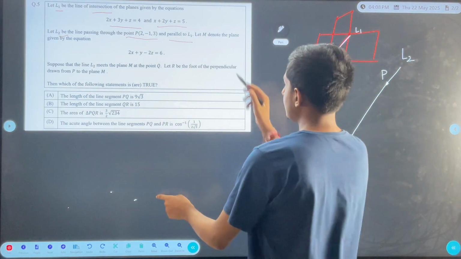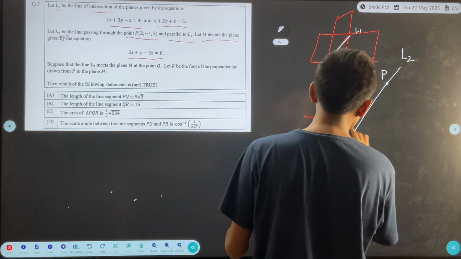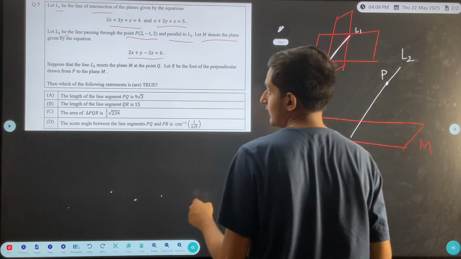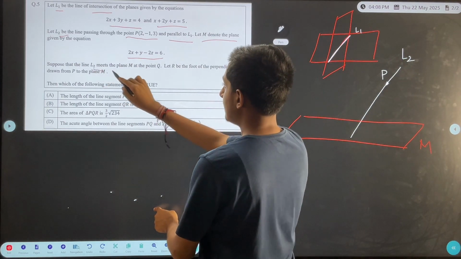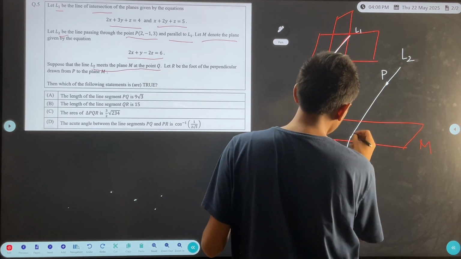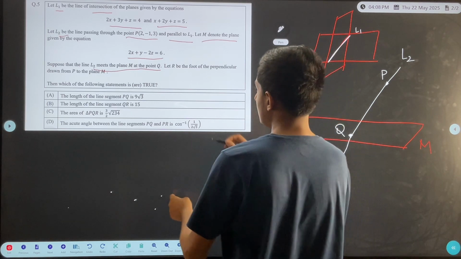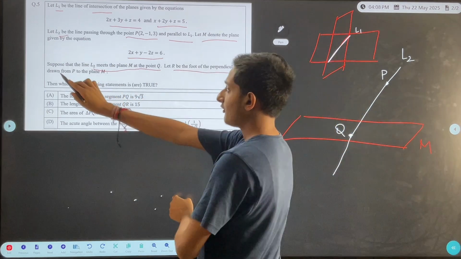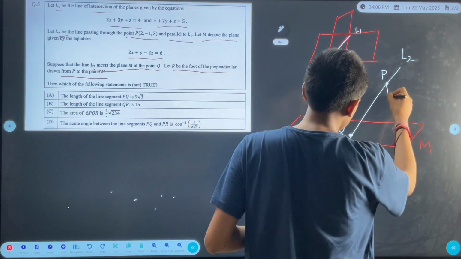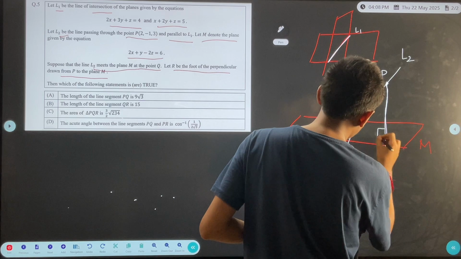Alright, let M denote the plane given by this equation. So let's draw another plane, and this plane is M. Now suppose L2 meets the plane M at point Q. So this is the line L2 and it meets the plane, let's say here, at point Q. Now R is the foot of perpendicular drawn from P to the plane M. So let's make a perpendicular to the plane and it intersects this plane at point R, let's say.